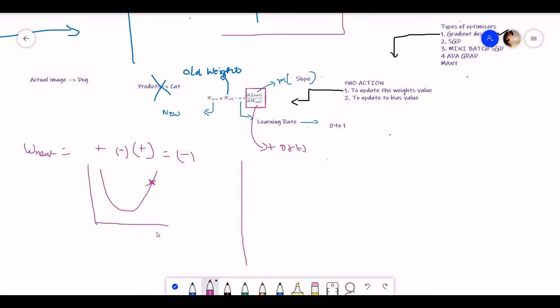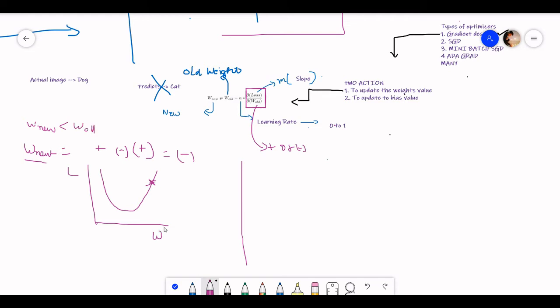The gradient is always with respect to weights and loss. So can we say that our weight value will decrease from our old weight? So our W new will be smaller than our old weight.